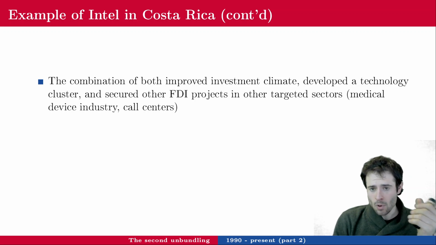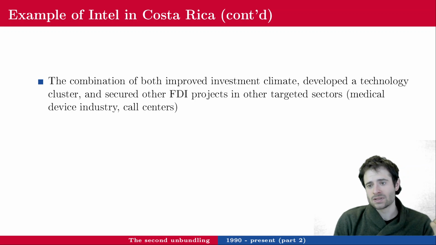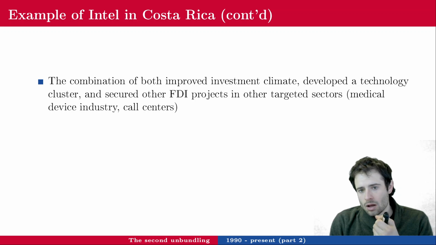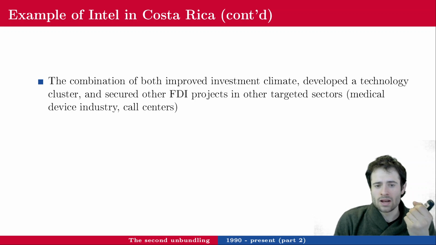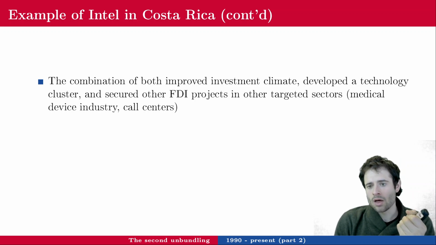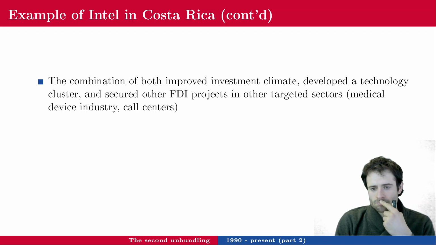So the combination of both improved investment climate, developed technology cluster, and secured other FDI projects in other targeted sectors, like the medical device industry, call centers, and there's probably many more.